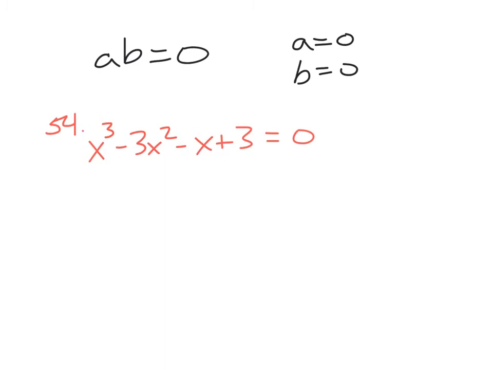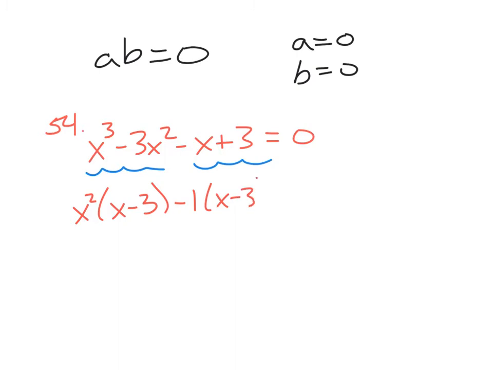We have 4 terms. There is no greatest common factor, so we're going to group them 2 and 2. What can we take out of the first 2? x squared. And what's left over? x minus 3. What about the second 2? You said -1, and so then x minus 3.